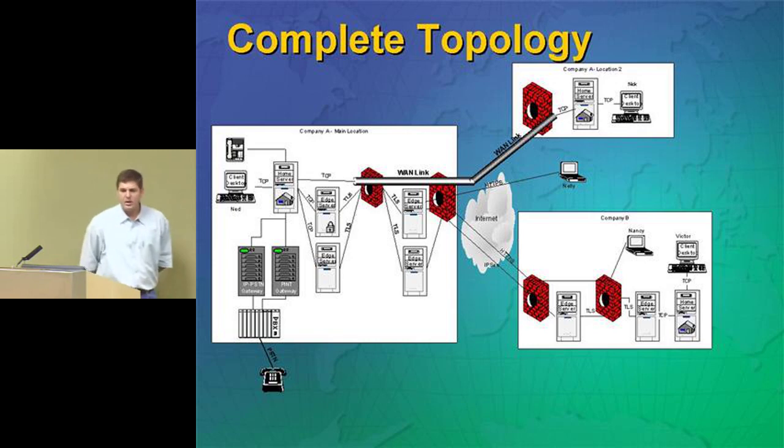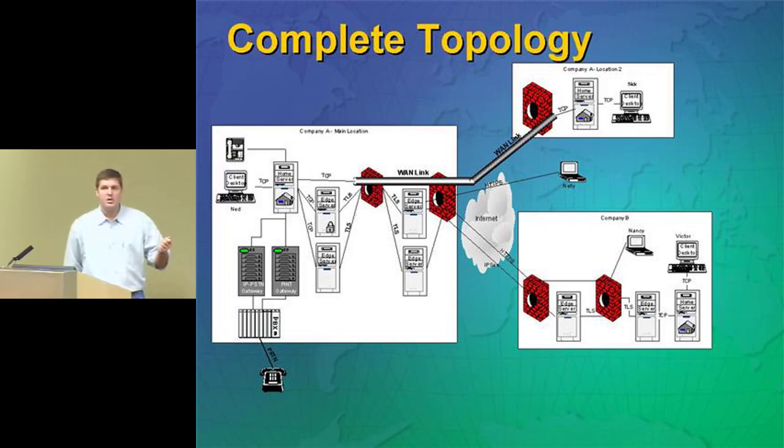The assumption with company A, location 1 and 2, is that you have a WAN link between those two offices. That's the assumption in this drawing. Now, it doesn't have to be the way that you set this up. But if you make that assumption, you have TCP, full connectivity between those sites. It really looks like one site. The main difference is that you may want to have a home server deployed out there so local traffic is staying local and not clogging the WAN links.